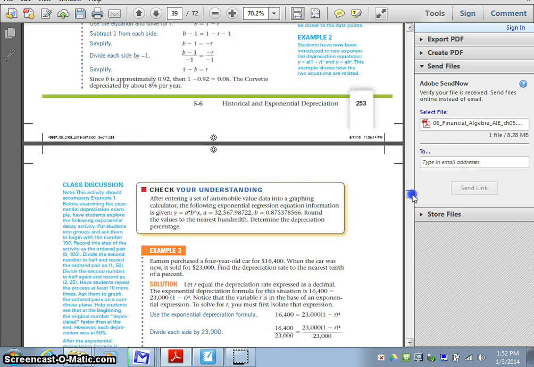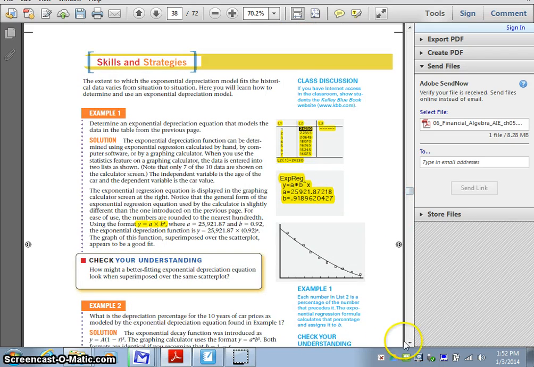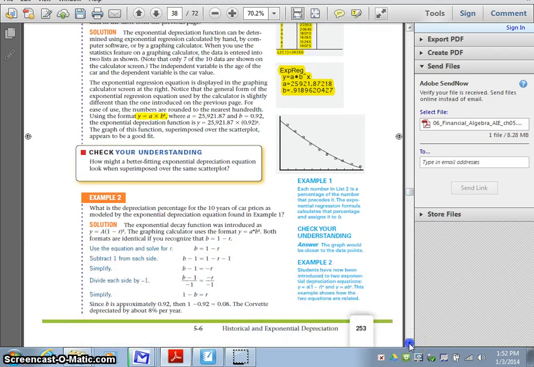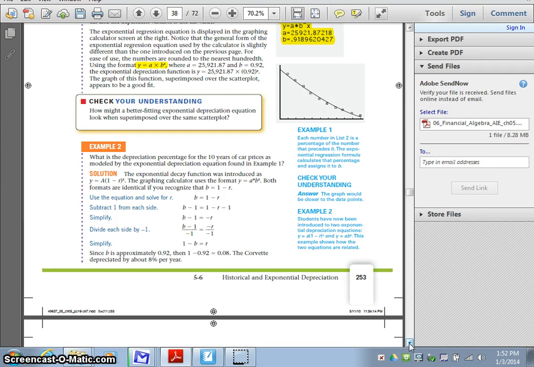It says, and I apologize here, what is the depreciation percentage for the 10 years of the car prices modeled in the exponential depreciation equation found in our first example? It says that we can identify it by recognizing that b equals 1 minus r.